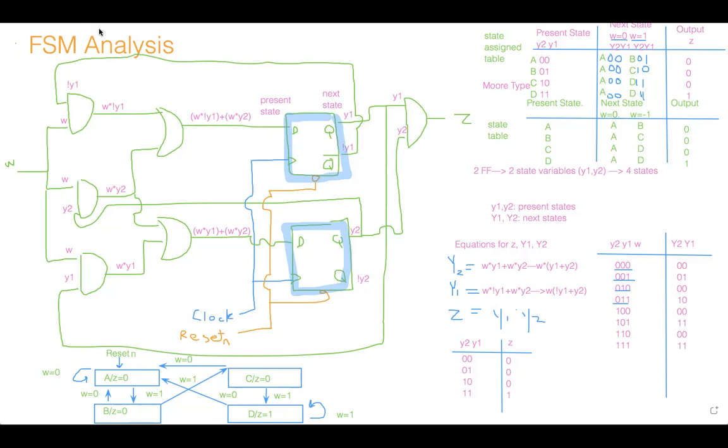Let me show you guys what it'd look like if we basically have the Mealy type. So the changes, let me do it in brown here, just to differentiate it.